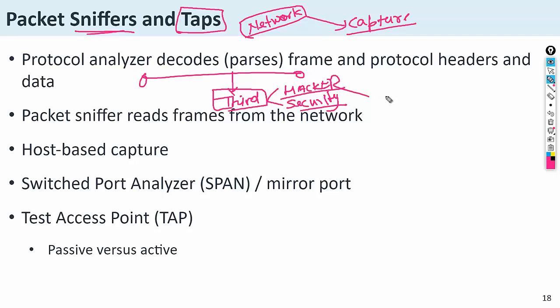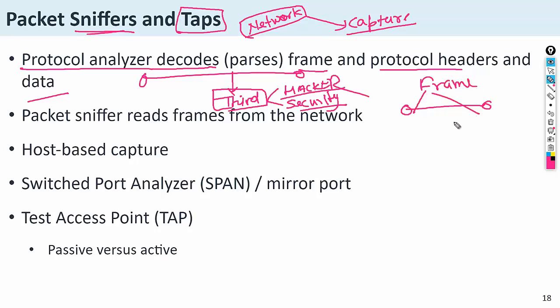There are some tools that can be used, which are protocol analyzers, which decode the frame and the protocol headers and the data. As you know, data is traveling in the format of a frame. A frame has two parts: one is the header, another is the payload or the data.